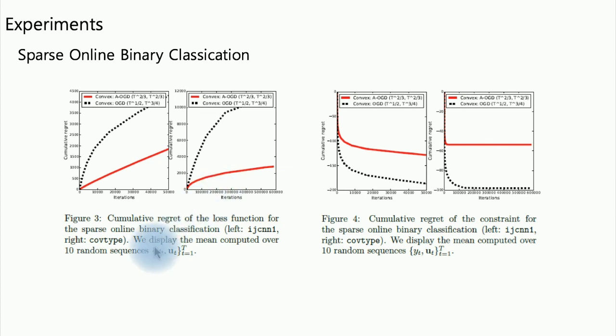As a result, starting from x1 equals 0, we found that the iterates generated by convex OGD do not approach the boundary of the domain, hence increasing regret on the cumulative loss. Although our analysis predicts the cumulative regret of convex OGD associated with the loss should be smaller than that associated with convex AOGD, convex AOGD achieves a lower cumulative regret.